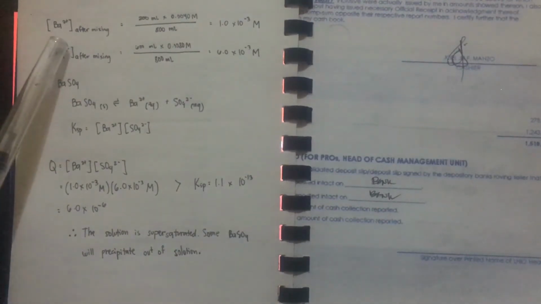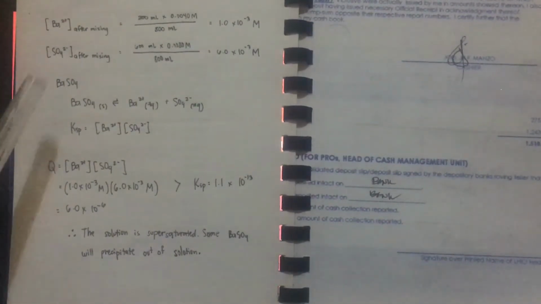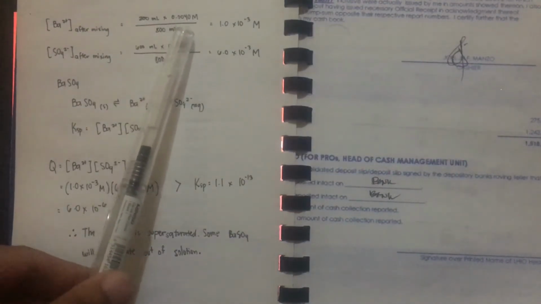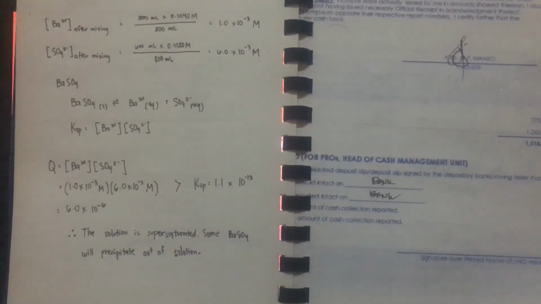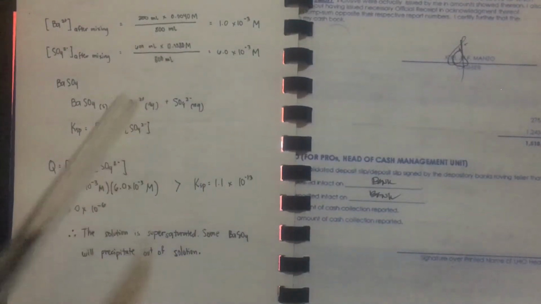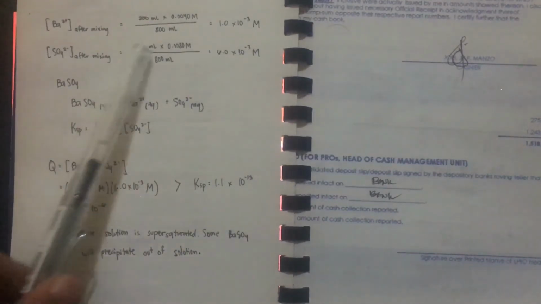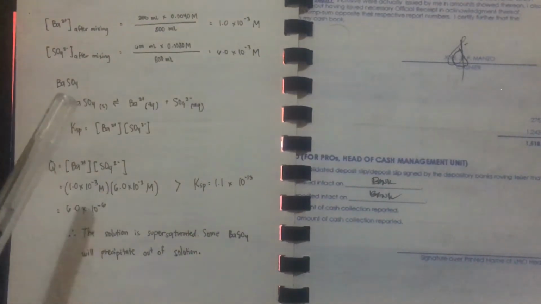So the barium concentration after mixing is 200 ml times the initial concentration of barium chloride, divided by the final volume after dilution. We have 200 ml of barium chloride and 600 ml of potassium sulfate, so the total volume is 800 ml. That is our denominator. Solving, we have 1.0 times 10 to the negative 3 molar.